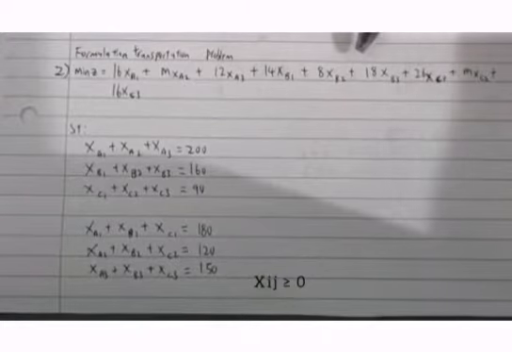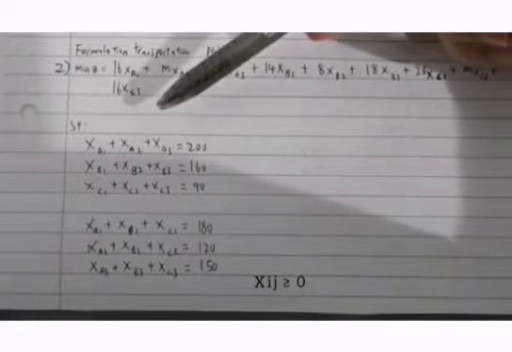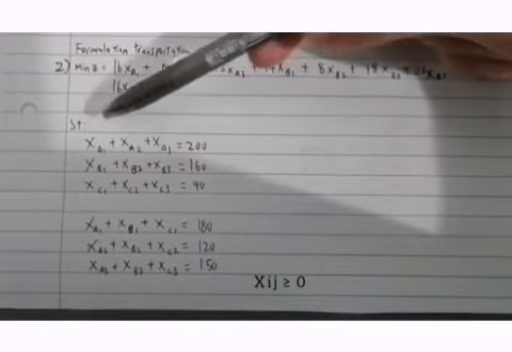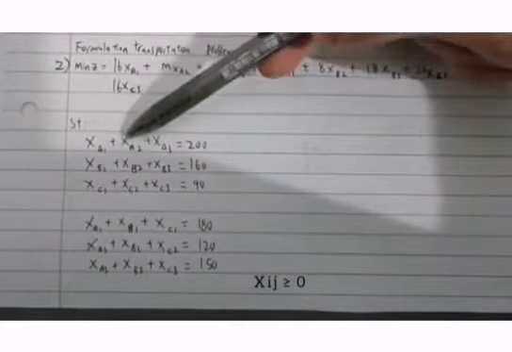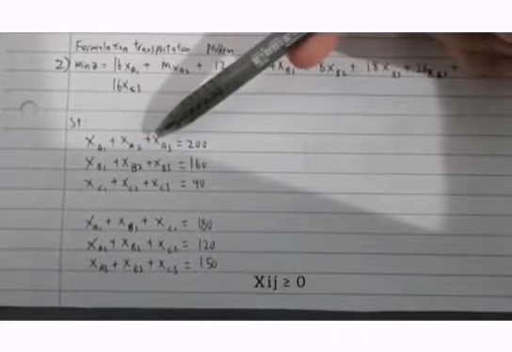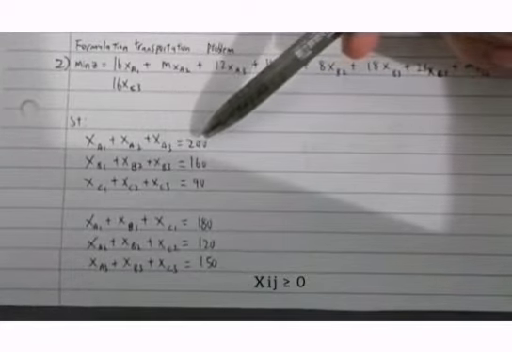model. So we just get it back from the question, like Z equal to 16xa1 plus Mxa2 plus 12xa3 plus 14xb1 and continue. And also we need to write down the supply formulation, like xa1 plus xa2 plus xa3 equal to 200.